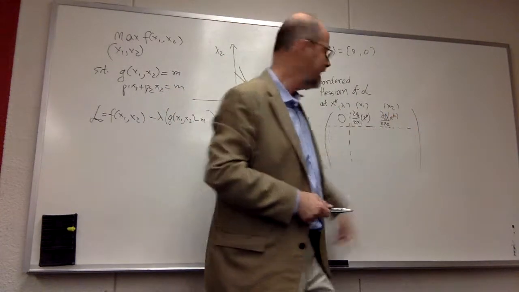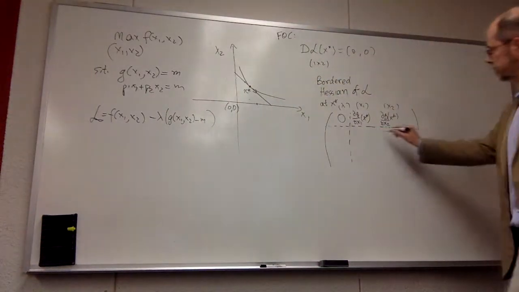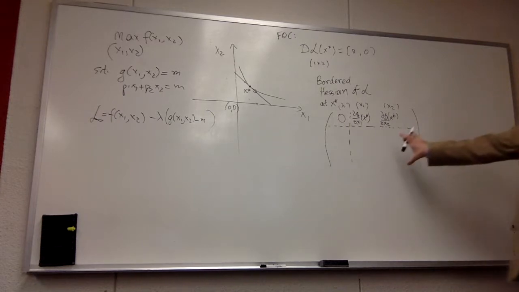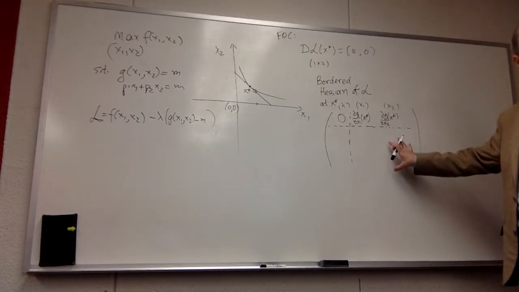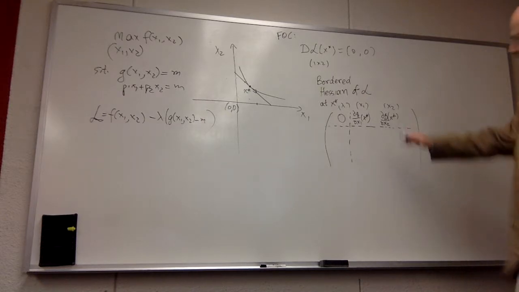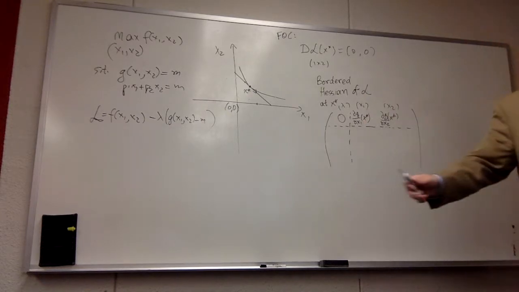All right? Now, what I'm going to put down here is the straightforward Hessian of the Lagrange function with respect to x1 and x2. So I think of it as I have the Hessian with respect to my choice variables of the Lagrangian function, and it is being bordered by something that has to do with a constraint.